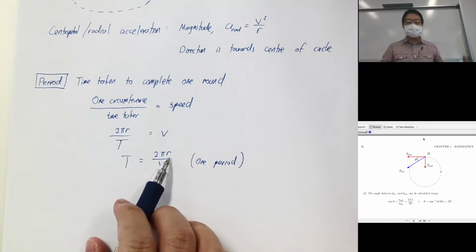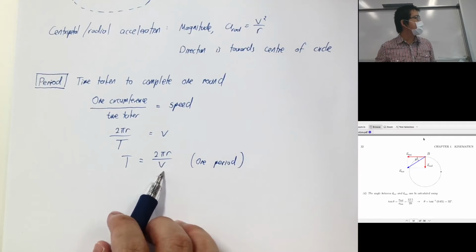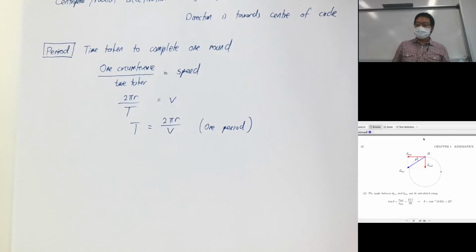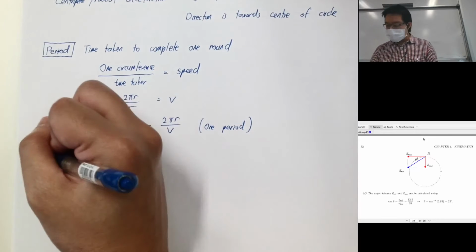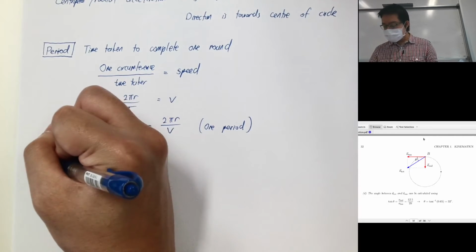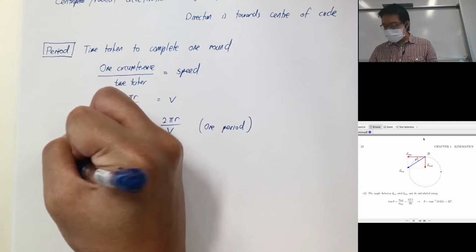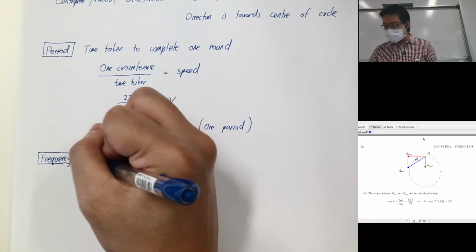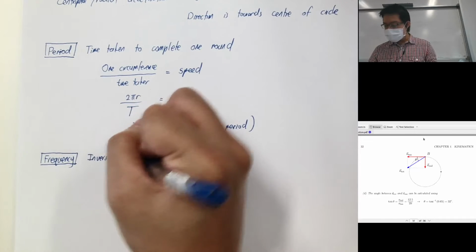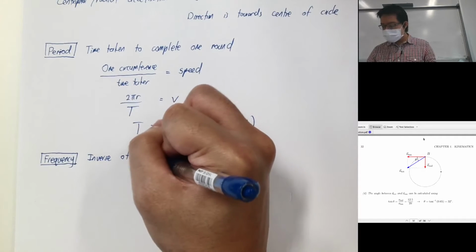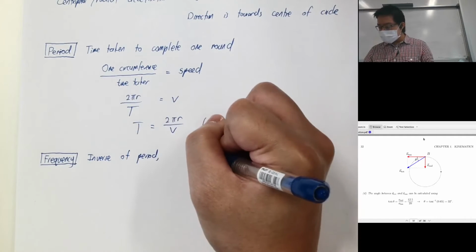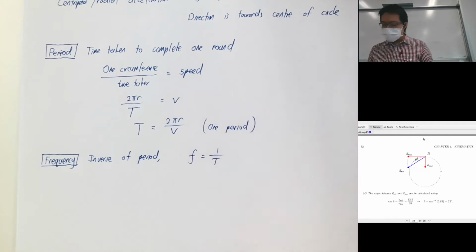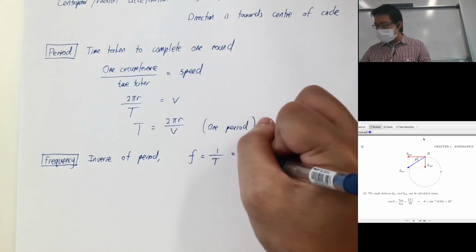For any distance, how many meters divided by how many meters per second, you can determine the time it takes. Related to the period is the frequency. A frequency is basically the inverse of the period. Sometimes we call it f, and it's defined to be 1 over T. So basically it's v over 2 pi r.